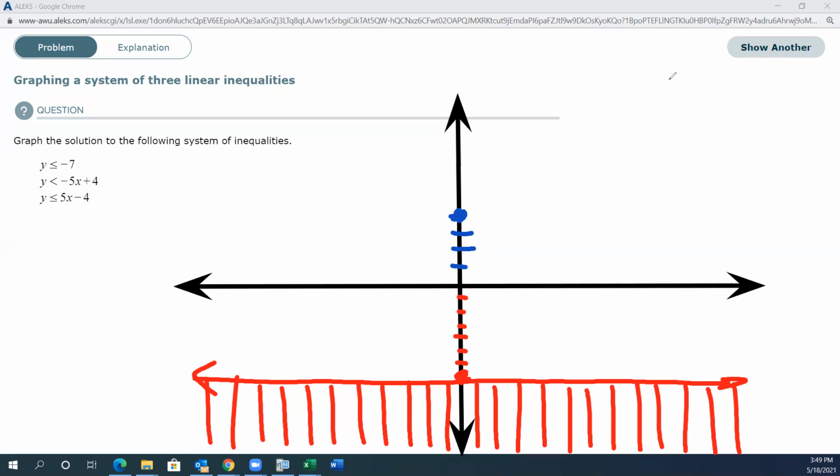Okay, and then a run of 1. So whoops, I drew that a little too big. Okay, there we go. So there's my point. So down 5/1. Now this one does not have the or equal sign, therefore it's going to be dotted.